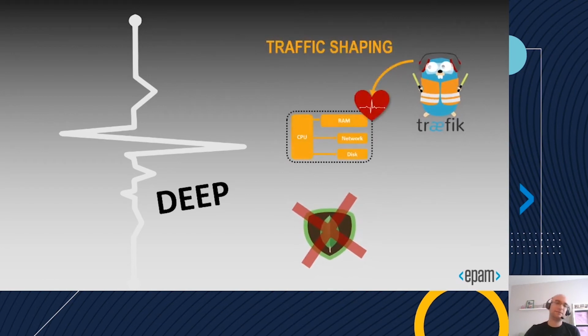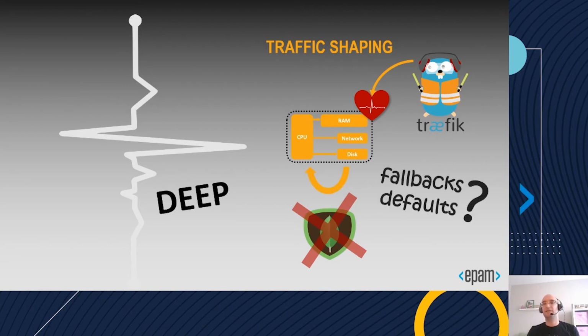Okay, I said that it's important to consider different kinds of health check implementations if I have other fault tolerant patterns. So let's say again, the database is down. If I'm doing traffic shaping and have some kind of fallback and defaults, does this mean that this instance is healthy? Does this mean that this instance is not healthy?